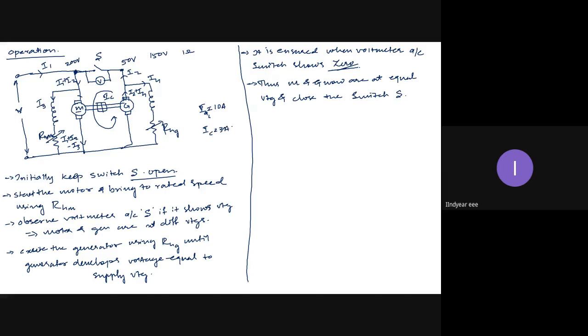Okay. Now if you load the machines until their armature currents are 10 amps, then the actual current drawn by, or circulated in, the armature of the machines is 10 plus 3, 13 amps, which is an overload current, which I will not see coming.